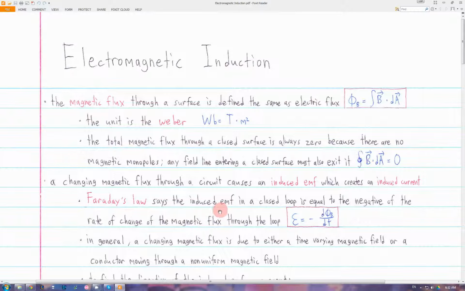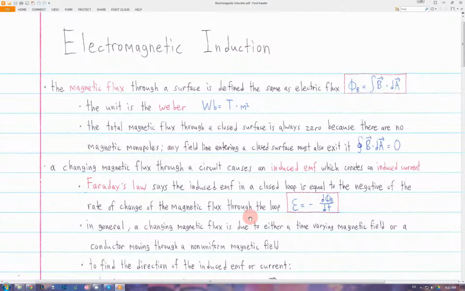There are two general cases in which the magnetic flux through a circuit is changing. We can either have a stationary conductor and then the magnetic field through that conductor is changing over time, or we can have a conductor which is moving through a non-uniform magnetic field. We're going to look at both of these cases later.